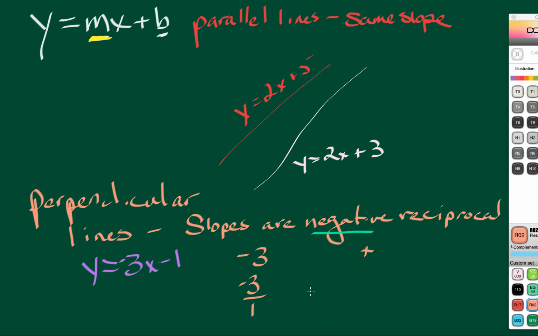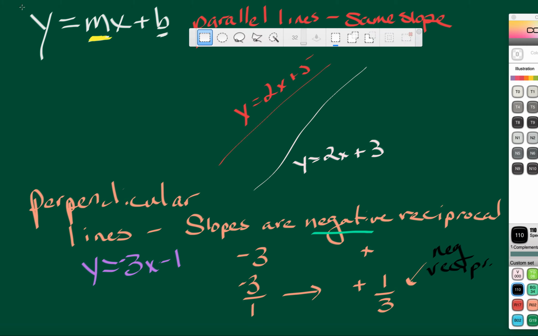So its reciprocal would be negative 1/3, but we're talking about the negative reciprocal. So it's going to be positive 1/3. That, my friend, is the negative reciprocal. Okay, so now that we've got that part, I'm going to clear the whole screen.